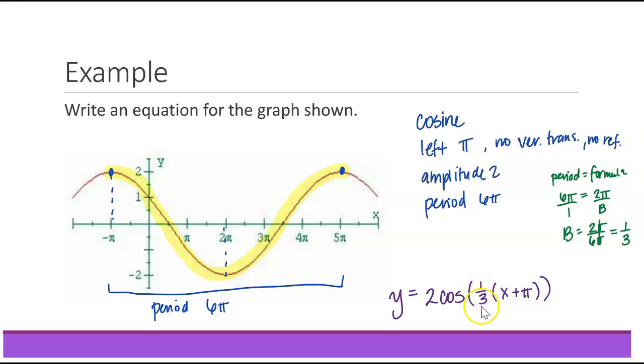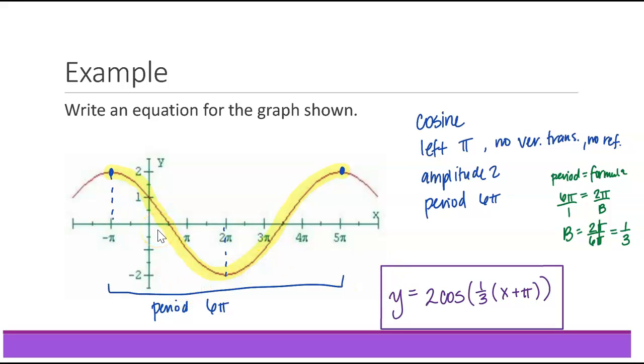If there's a number for the period, a b value, it has to be on the outside. And it's plus pi because it's going to the left, and we think it's the opposite, right? Left we would normally think negative, but it's actually positive. There's no vertical translation, so there's nothing I need to add, either in the back or, typically for trig functions, in the front. So this is my equation, an equation for this particular graph.